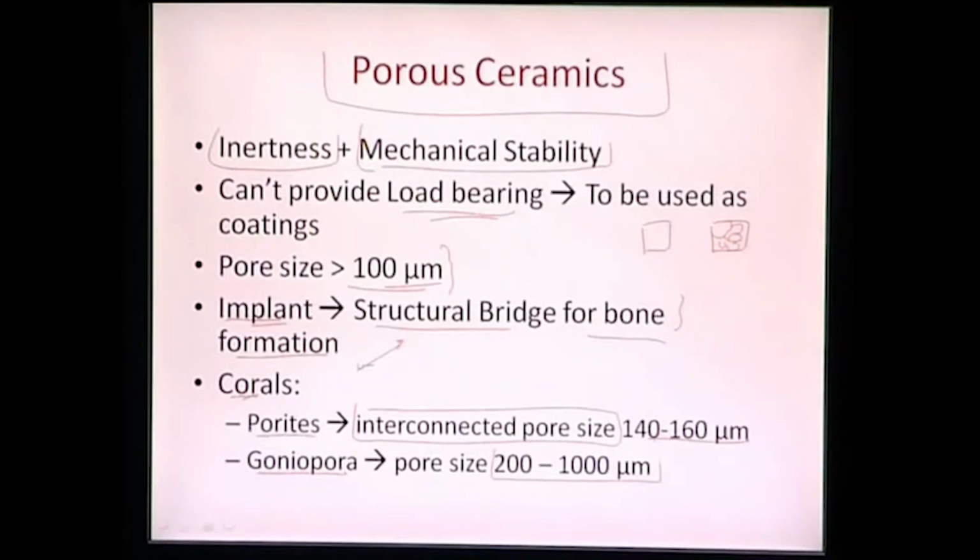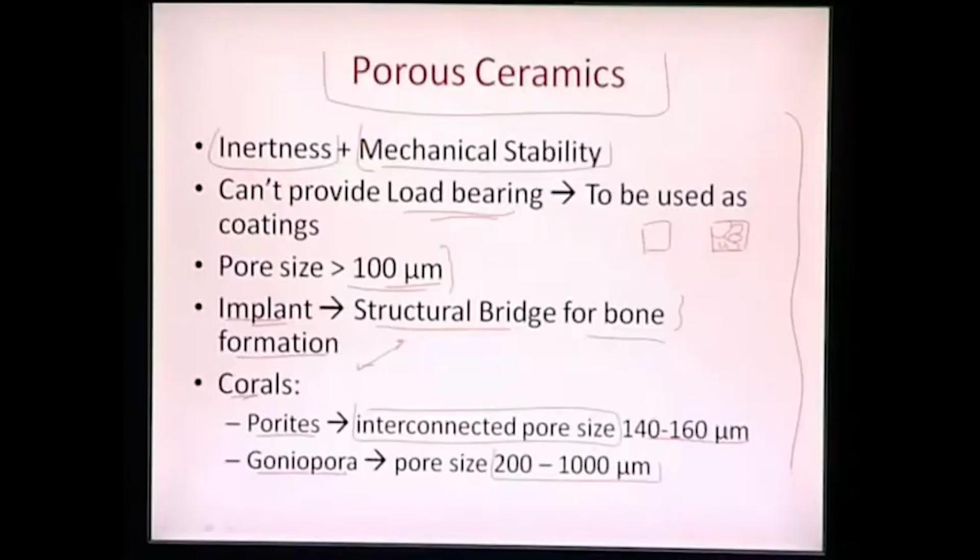So if we can somehow convert the calcium carbonate part to hydroxyapatite via some hydration technique, we can get hydroxyapatite which is totally porous. That is how we can engineer it. We can utilize certain corals which already have some porosity in them, and then convert that calcium carbonate upon hydration to hydroxyapatite, tapping the advantage of that particular thing.